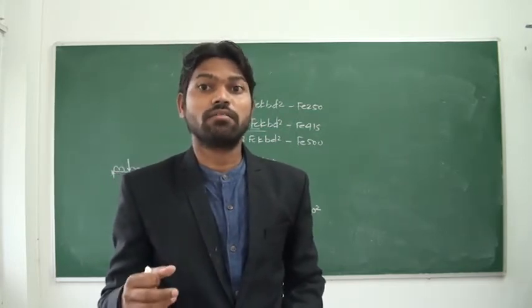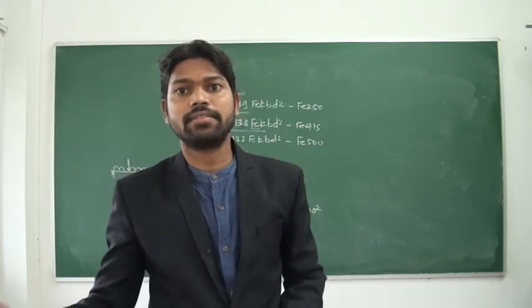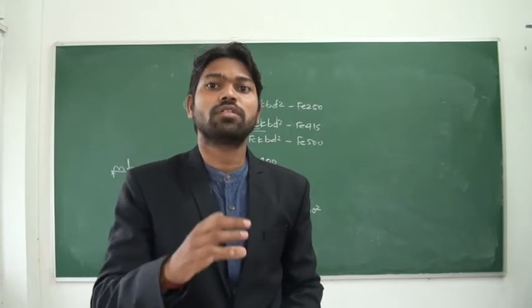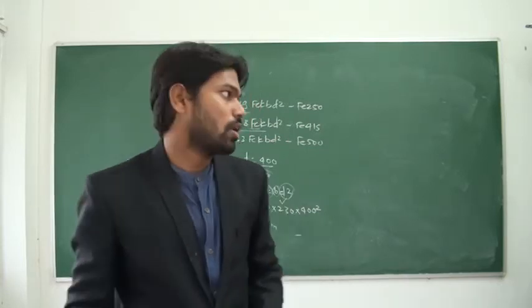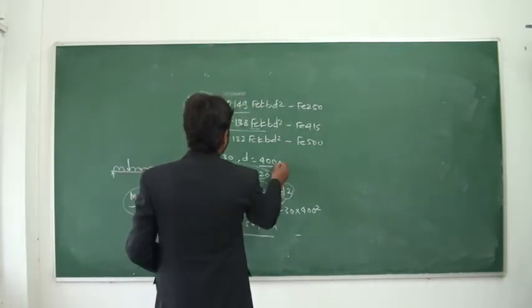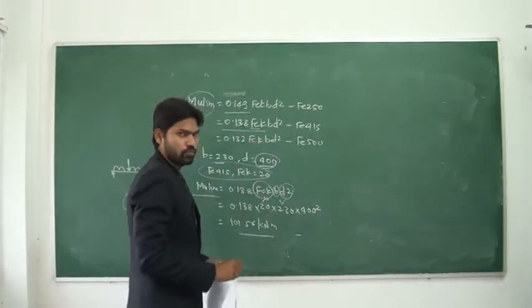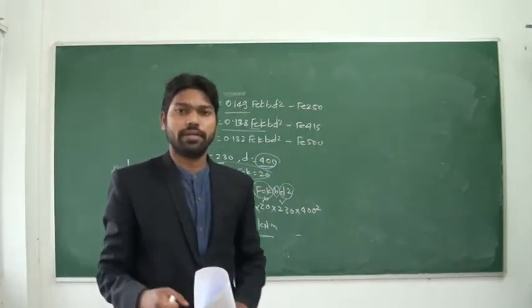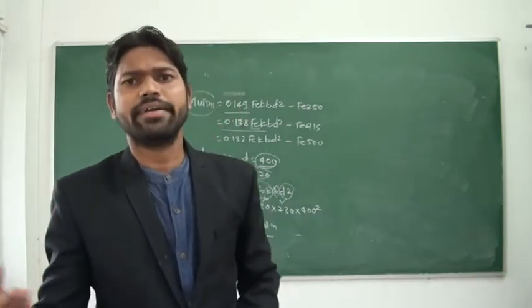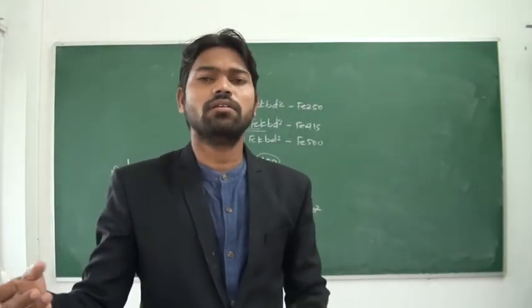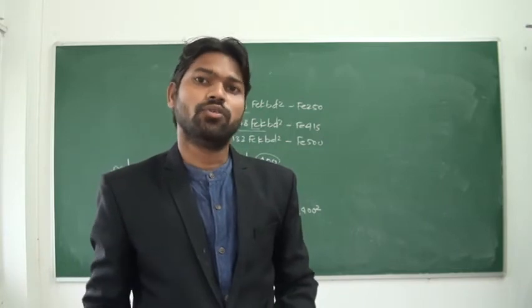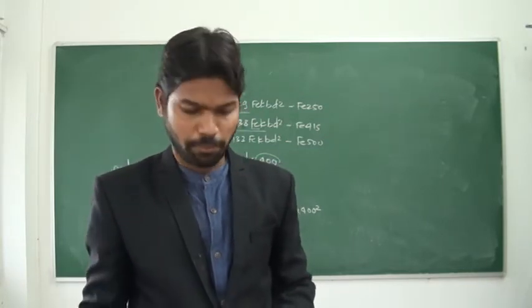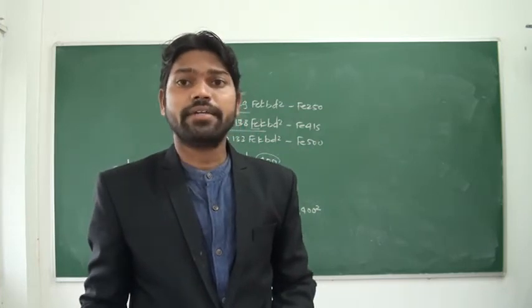Suppose the architect had restricted the depth up to 400 mm only. You cannot increase the depth beyond 400, due to some architectural aspect, or some circumstances during the execution, or some functional aspect. So now in that case, what will you do?